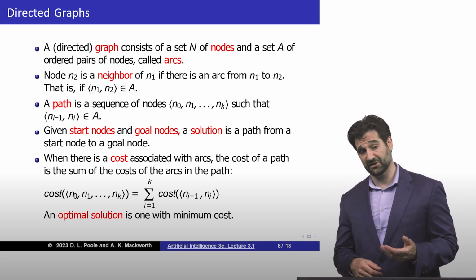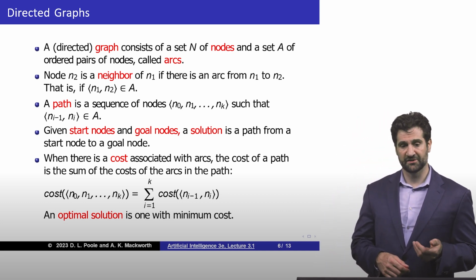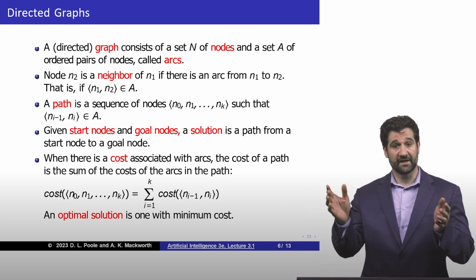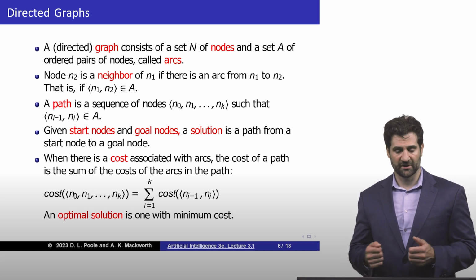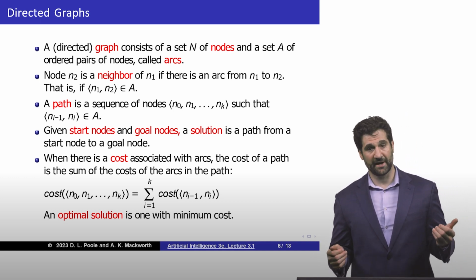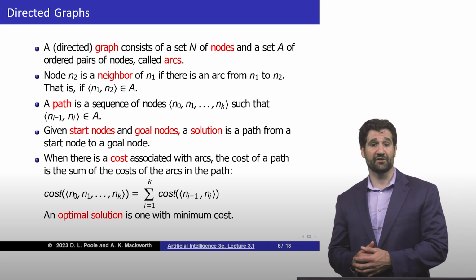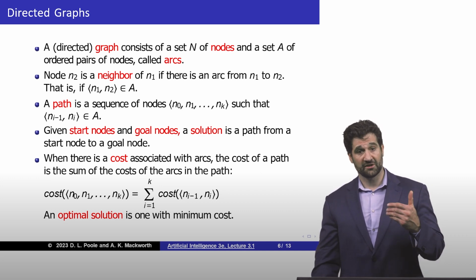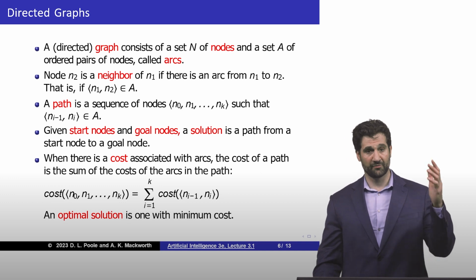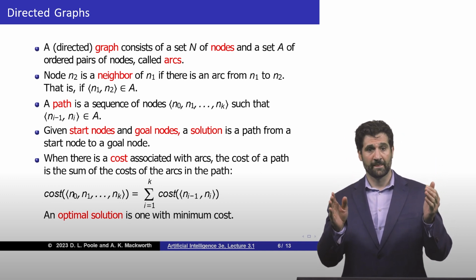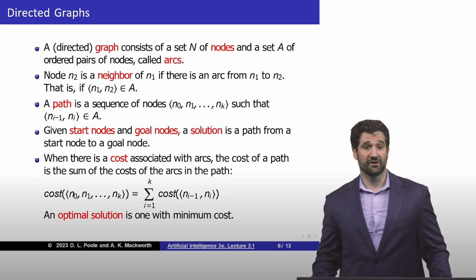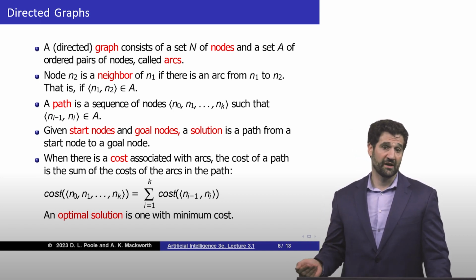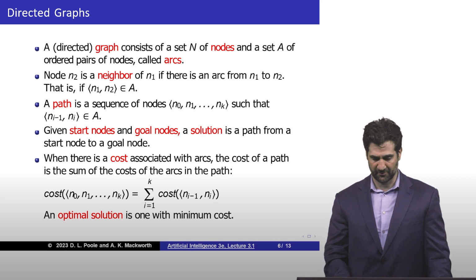If you think of the driving example, the cost is perhaps how much gasoline it takes you to get from point A to point B. And we can look at the overall cost of a path as the sum of the costs of the individual arcs. An optimal solution is a path from the start to the goal node where that cost is the lowest possible. There's no other path between the start and the goal node that has a lower cost. Then it's optimal.